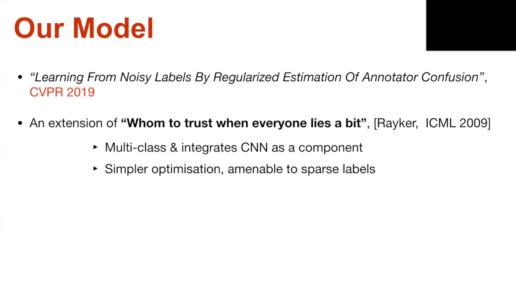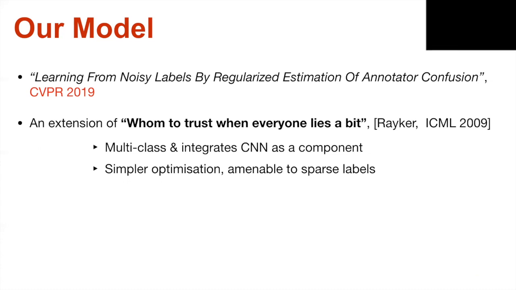And secondly, and more importantly, we proposed a simpler optimization scheme, which comes with a theoretical justification and is amenable to sparse labels. What I mean by sparse labels is that each image is only annotated by a subset of annotators, not necessarily all.